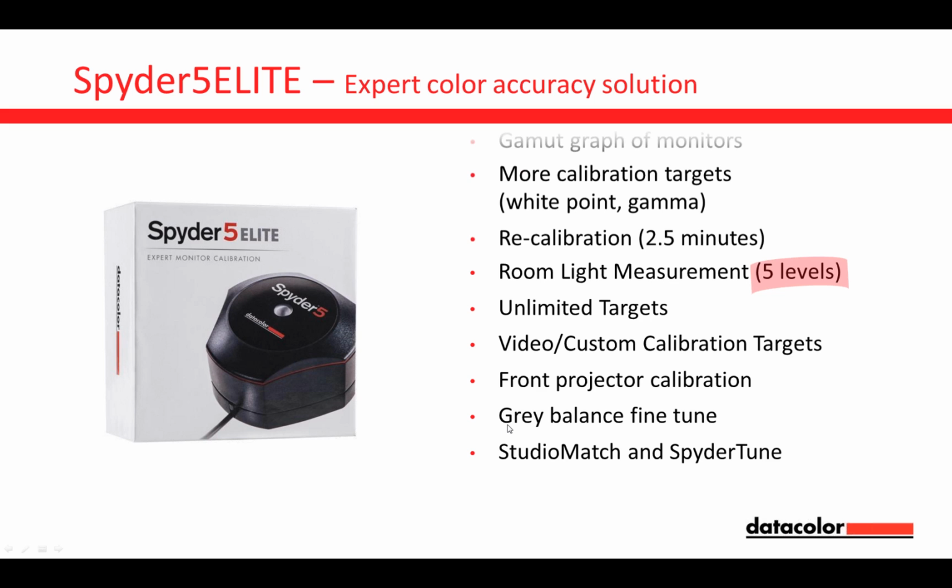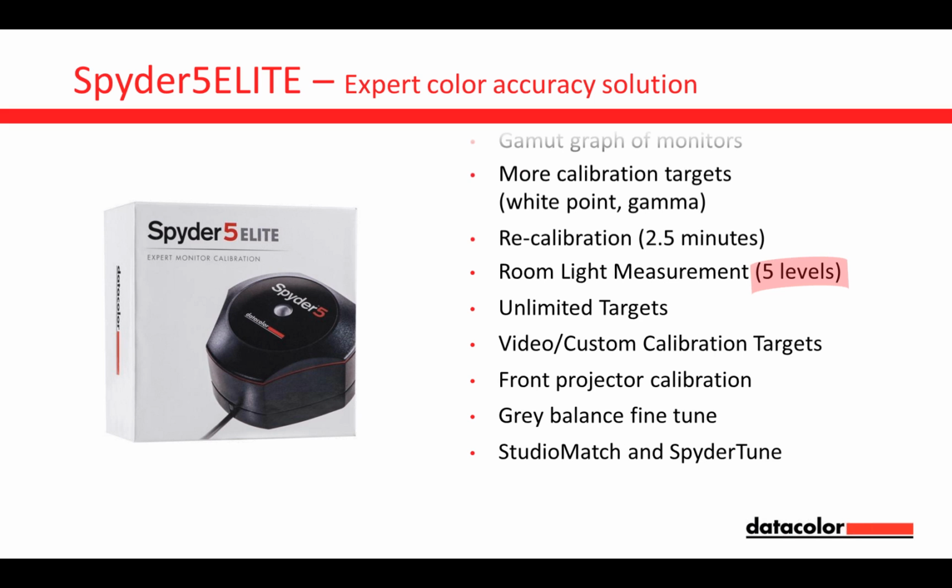An LED has a non-continuous light spectrum, and that's something you will have if you want to adjust monitors among each other. You need the Studio Match technology and the Spyder Tune, and for example, make sure that your older display and the newer display look identical here. That can only be done with the Spyder Tune.